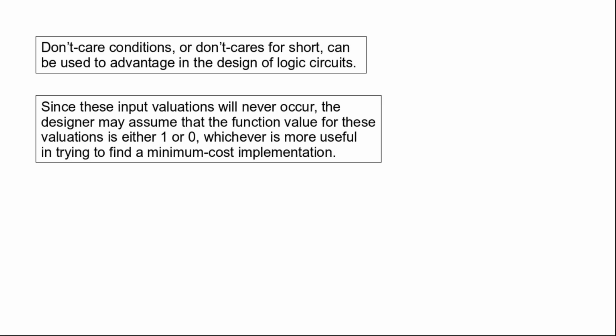So for this input combination, we can consider the output as either 0 or 1, depending on which will benefit us in obtaining a minimized Boolean expression. This point will be clear as we discuss further.